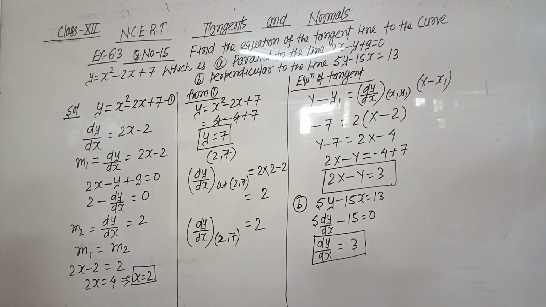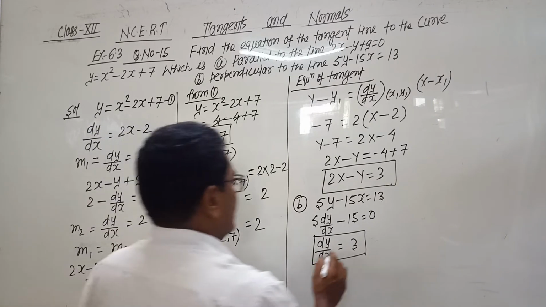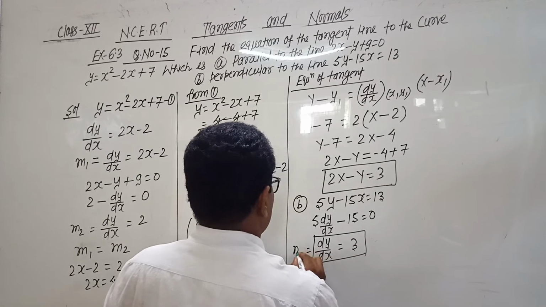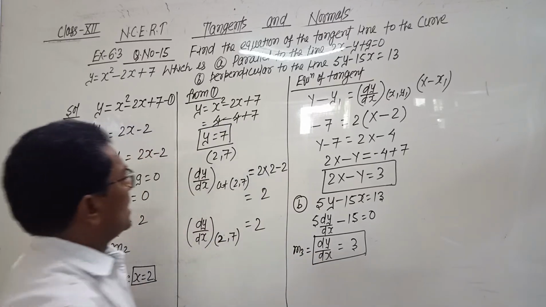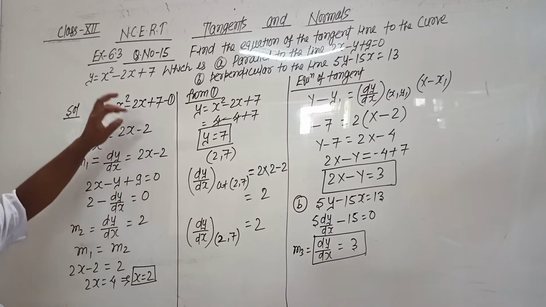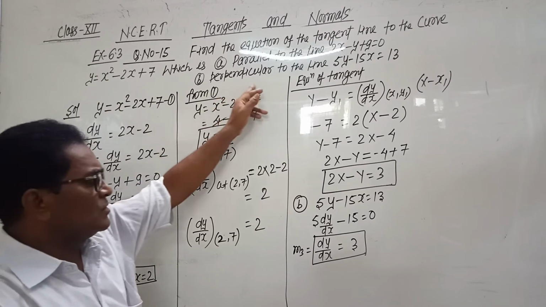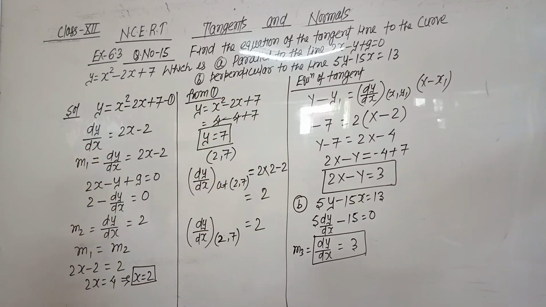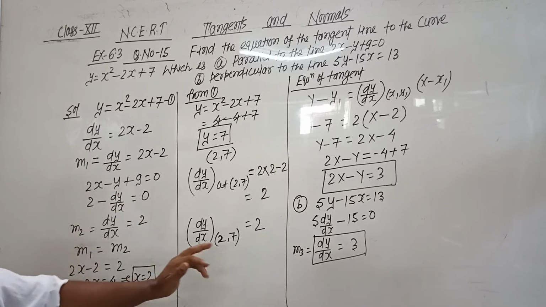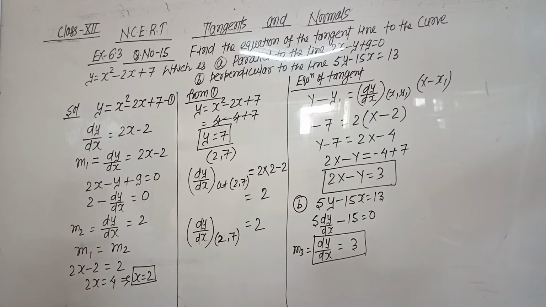The value of dy by dx, name it m3. And the tangent to the curve is perpendicular to this line, so the product of their slopes must be equal to minus 1.